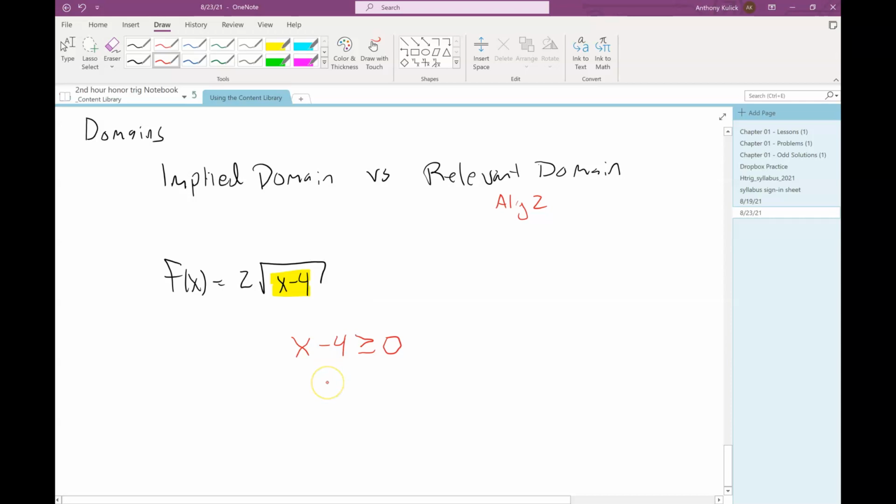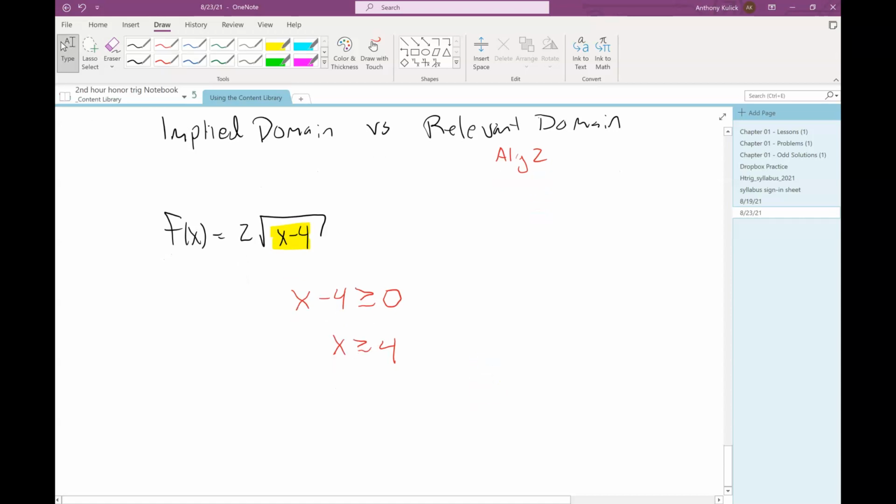So I can solve that inequality just by adding 4 to both sides. And then I can write it using interval notation. So x is greater than or equal to 4, so the lower bound is 4, and the upper bound is positive infinity. The infinities always get a parenthesis, and because it's greater than or equal to, the 4 gets a bracket. And we'd say x is a member of the set.